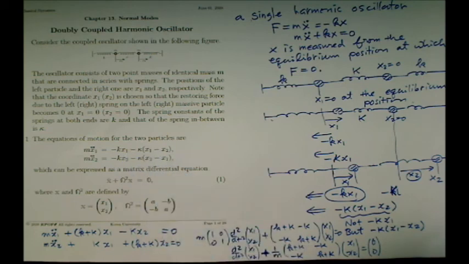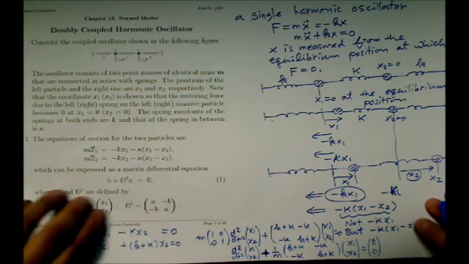However, if we reorganize this linear equation, at some point we find that the two equations are decoupled, and decoupled means we can introduce two independent coordinates that can express both x1 and x2, and they are expressed as a single harmonic oscillator separately.